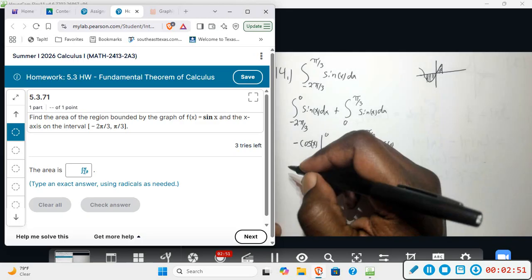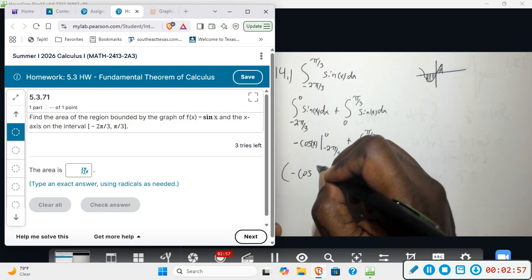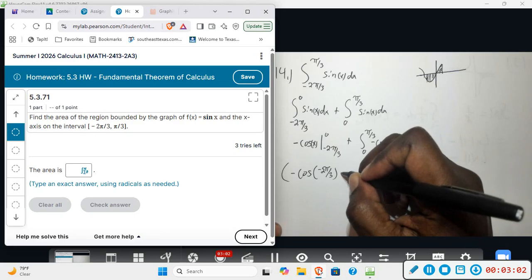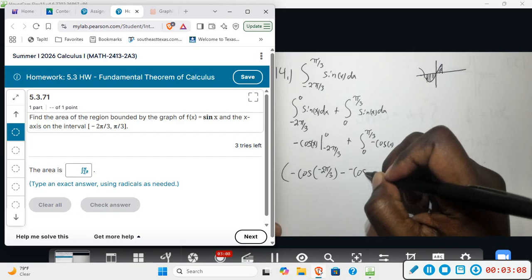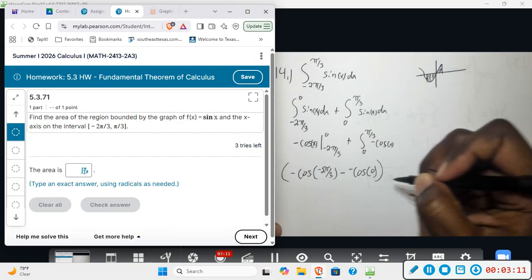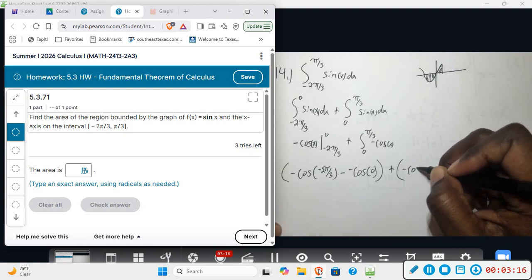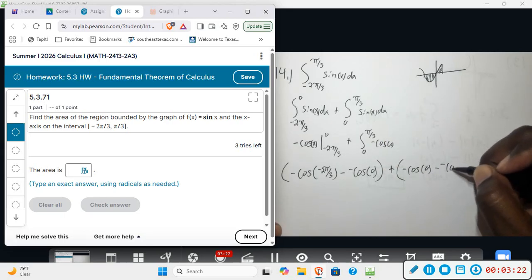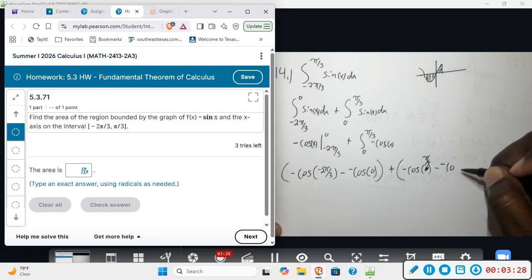All right, so over here we're going to be doing negative cosine of negative 2 pi over 3 minus negative cosine of 0, and then plus negative cosine of pi over 3, sorry, upper limit first, minus negative cosine of 0.